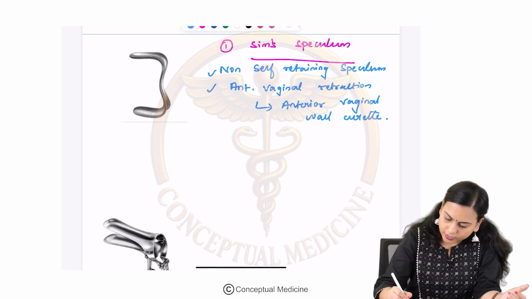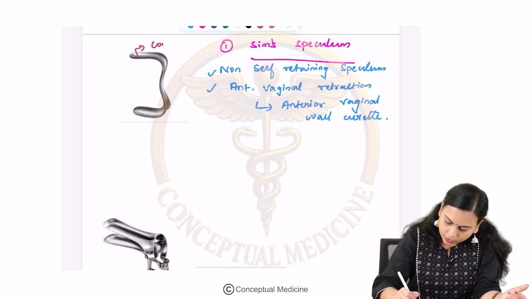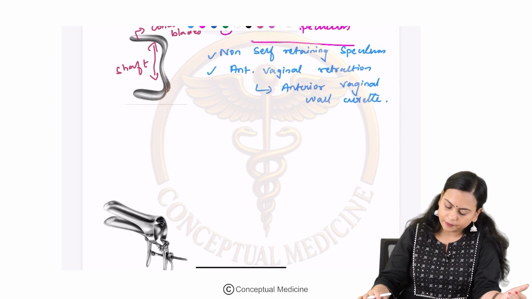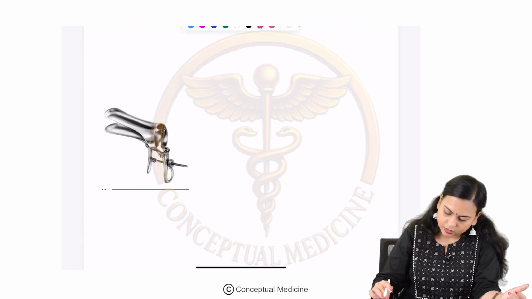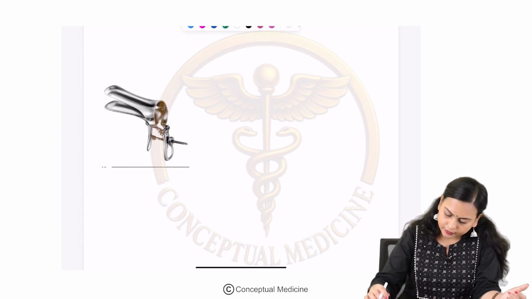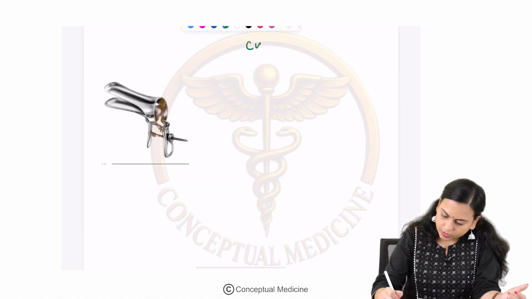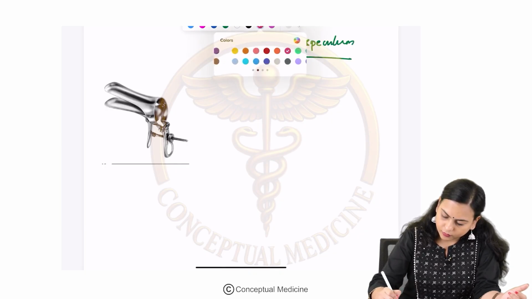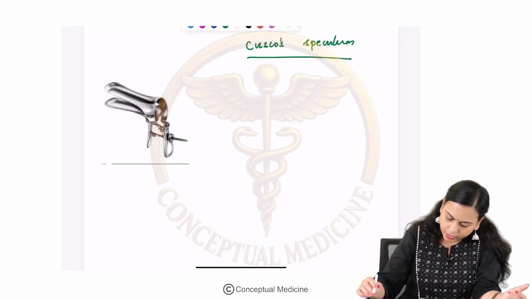If you see the parts of this instrument, you have concave blades and you have a shaft. And the next instrument is the Cusco's speculum.